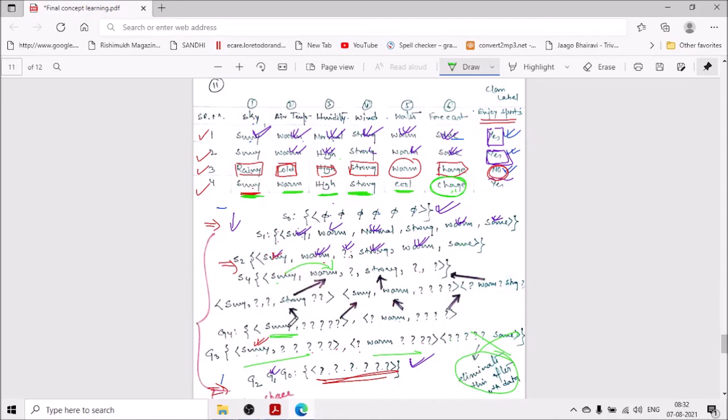So we can identify sunny with warm, this one, sunny with strong, this one, and warm with strong, this one. So this is our version space. So how many hypotheses are there? 1, 2, 3, 4, 5 and 6. So 6 hypotheses are there. So the candidate elimination algorithm identifies 6 hypotheses.